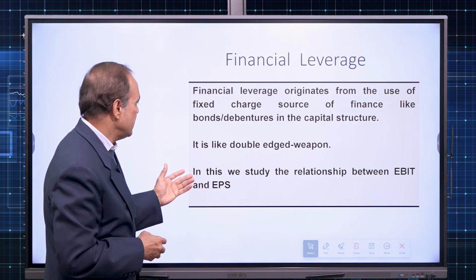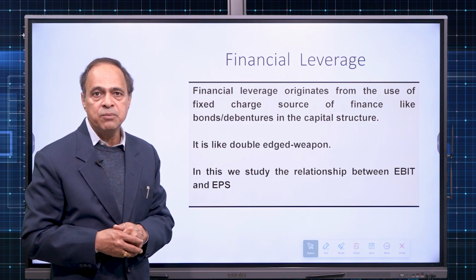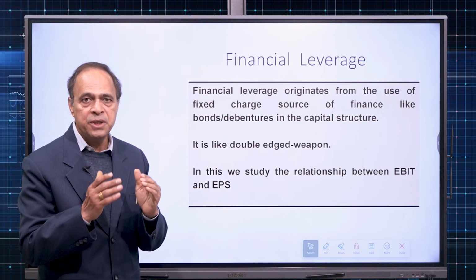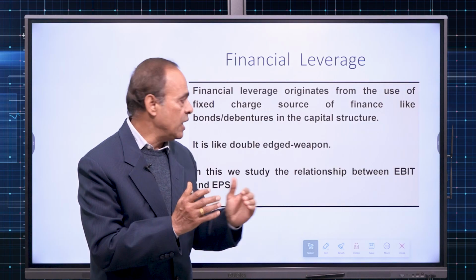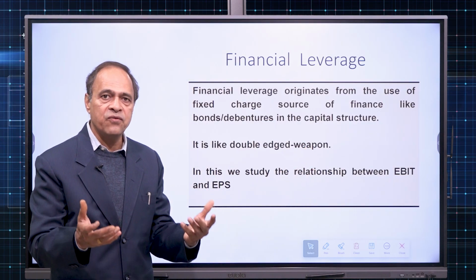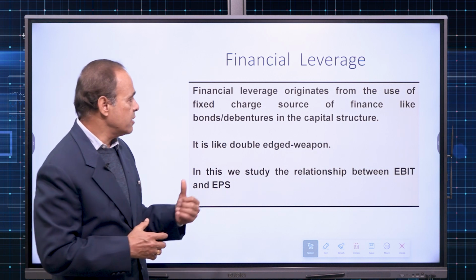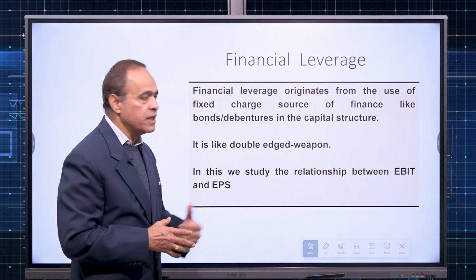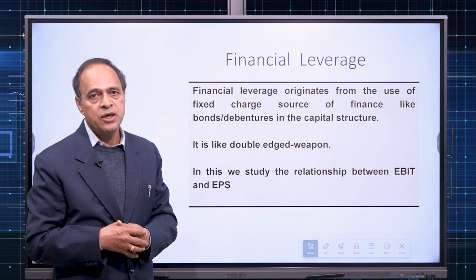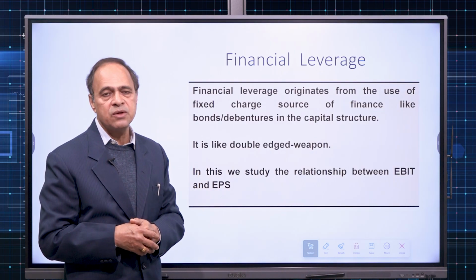Now in this we study the relationship between EBIT and EPS. That means how EPS will respond to every 1% change in EBIT. Again, we will define DFL, degree of financial leverage. But yes, under financial leverage, we are making a direct relationship between EBIT and EPS. You can say instead of EPS, it may be return on equity also.